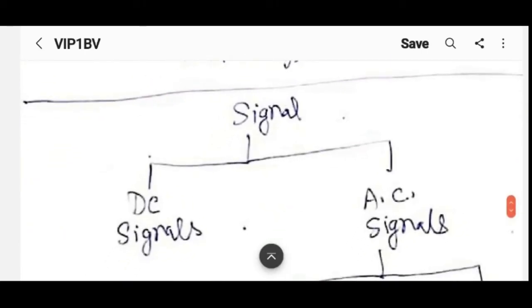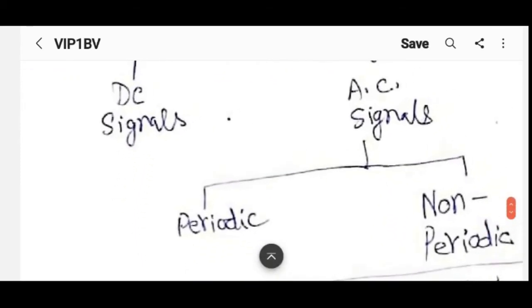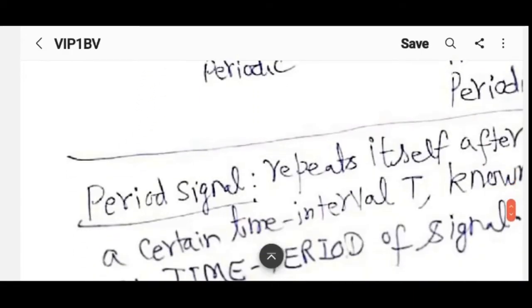Signal can be constant with time, which means DC signal, or it can be AC signal, which means varying with time. And in AC signals, as I already mentioned, we can have periodic signals or non-periodic signals. We would generally ignore non-periodic signals. Periodic signals are the ones we will be talking a lot about.